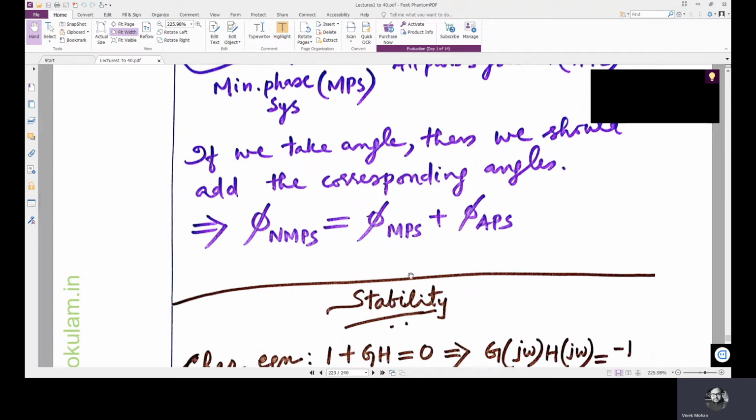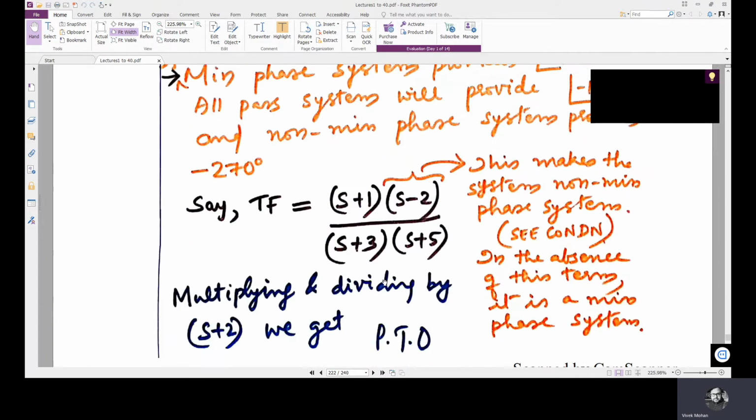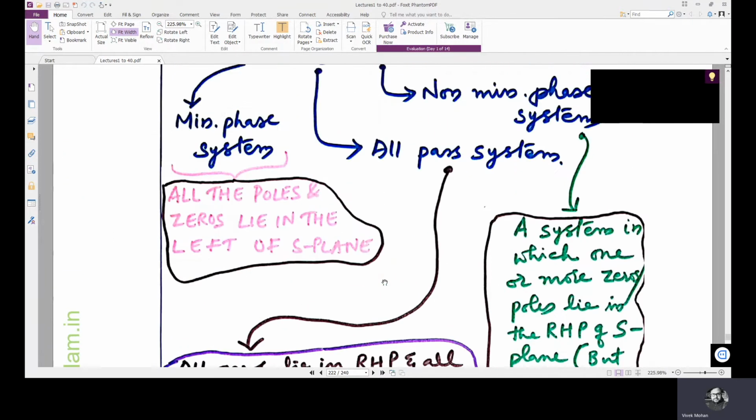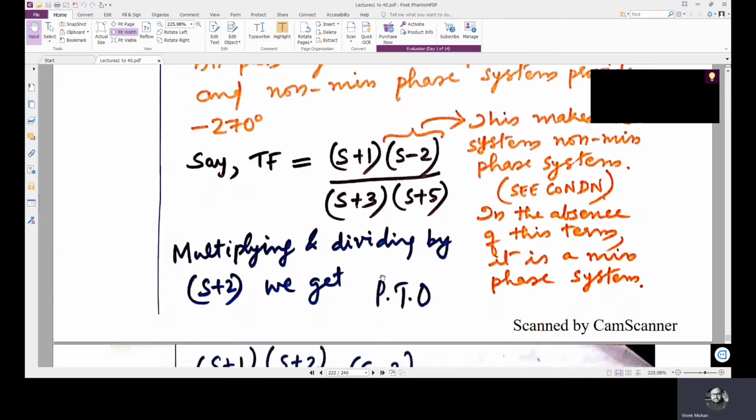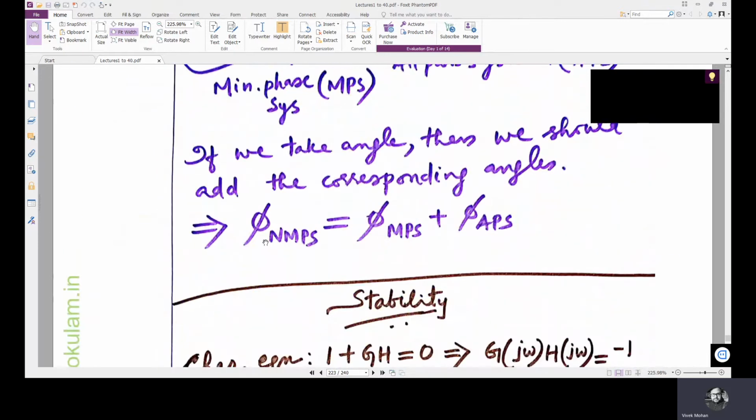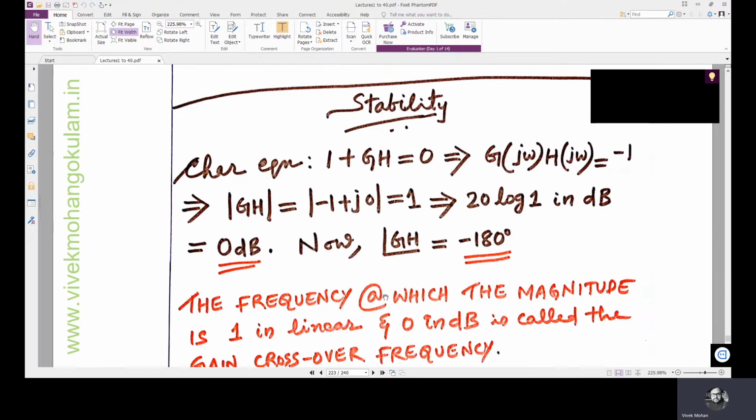So this is another condition, and this is the first condition which gives the definition of the minimum phase system, all-pass system, and the non-minimum phase system. Phi1 less than phi3 less than phi2, and also here the angle of the non-minimum phase system can be written as a sum of the angle of minimum phase system and the angle of all-pass system.